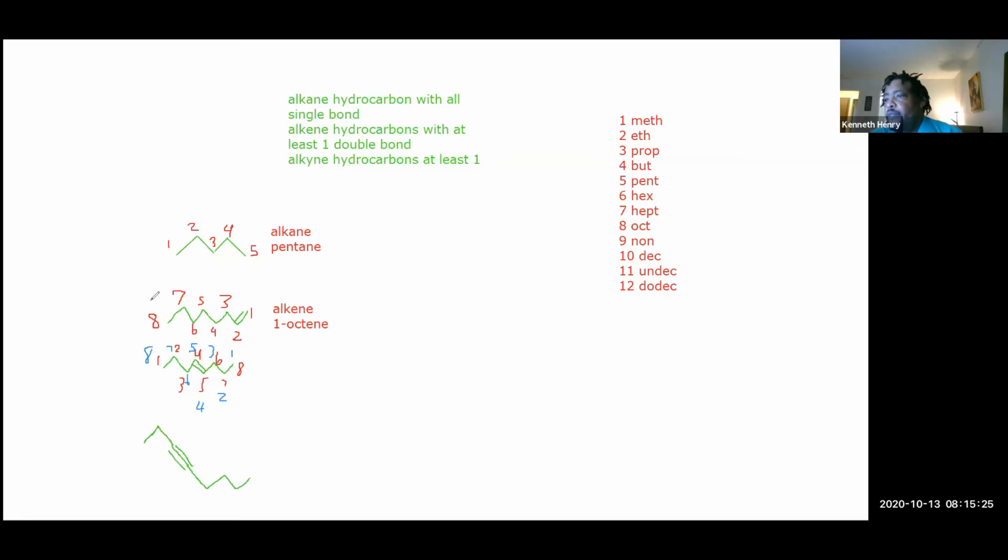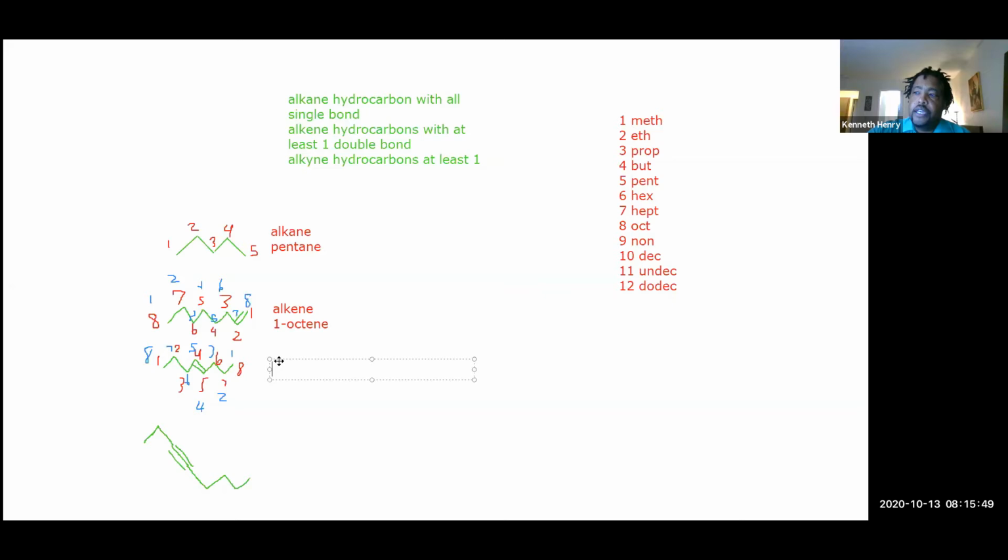But like up here, if we went the other way, that's 1, 2, 3, 4, 5, 6, 7, 8. So in this case, if we chose 7, that would give us a high number compared to the 1.